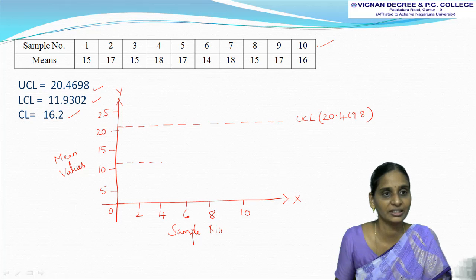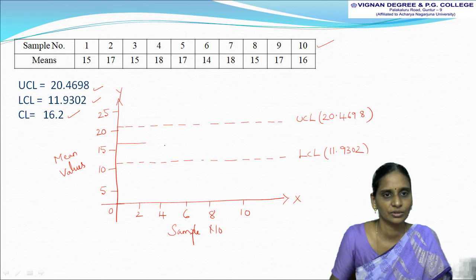So I am plotting the LCL point on the y-axis, and based on that point I have to draw the horizontal dotted line. This is LCL. So this point is 11.9302, and the CL, so this is 16.2.